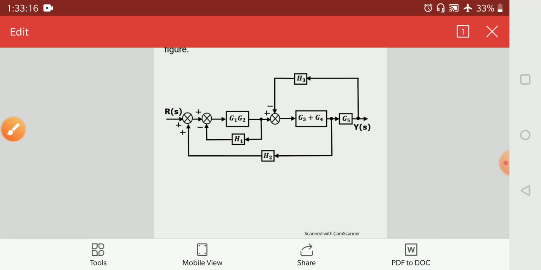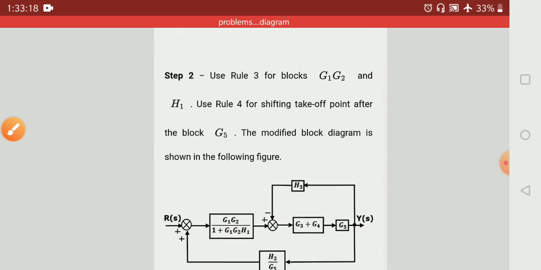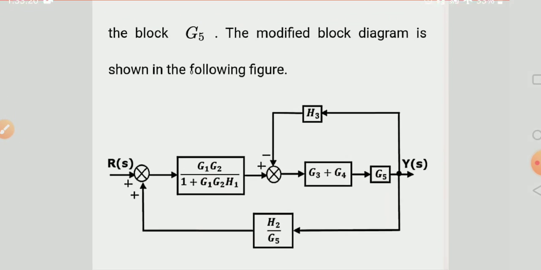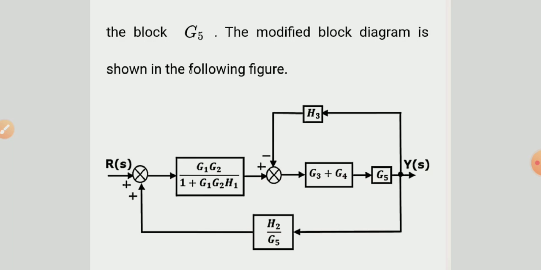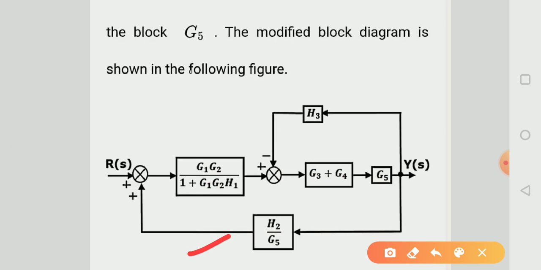So now our block diagram is looking like this. Now the feedback gain for the next loop becomes H2 over G5.